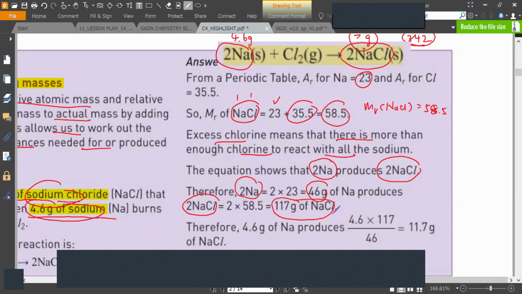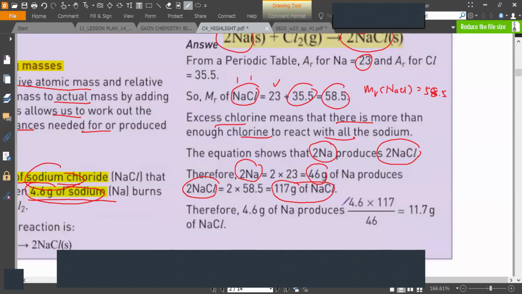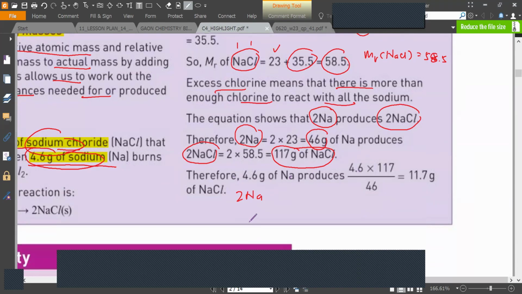So if we put 2 sodium, which is 46, we will get 2 sodium chloride, which is 117.